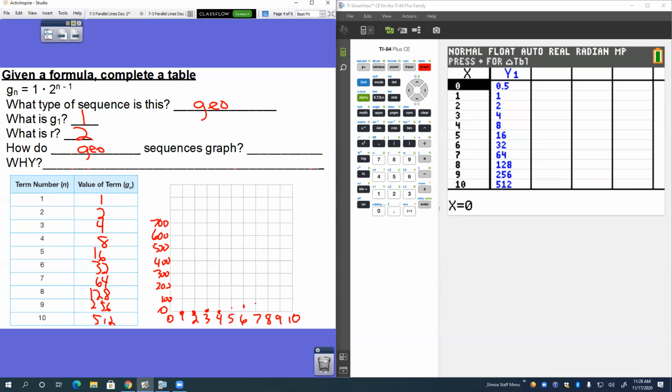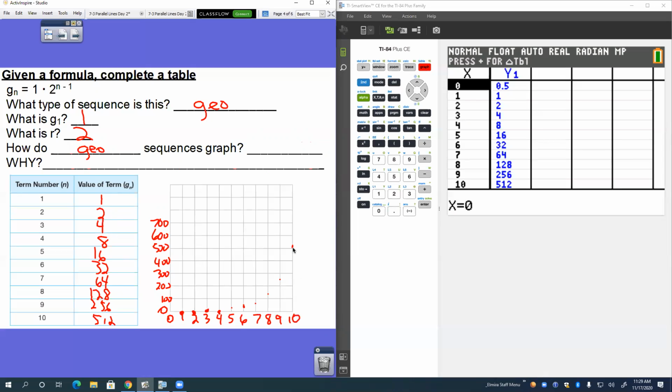That's going to be a little bit more than halfway up. 8 and 128. So that's about a quarter of the way after the 100. 9 and 256. That's about halfway between 200 and 300. 10 and 512. So that's going to be right down in there.